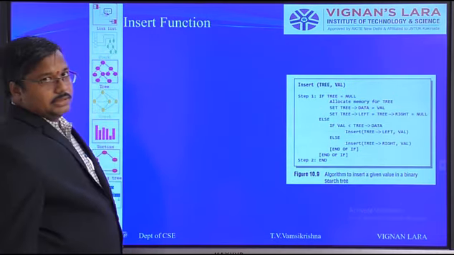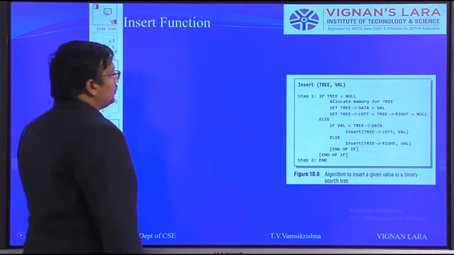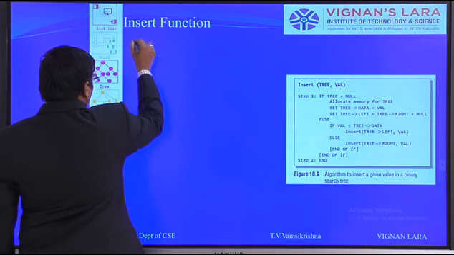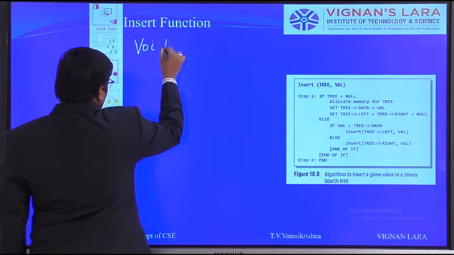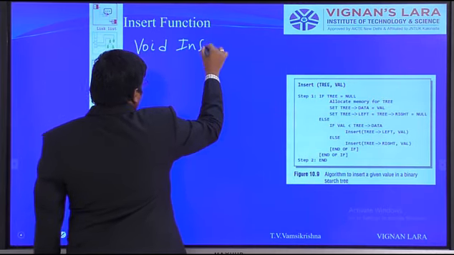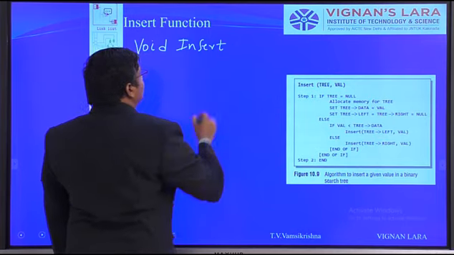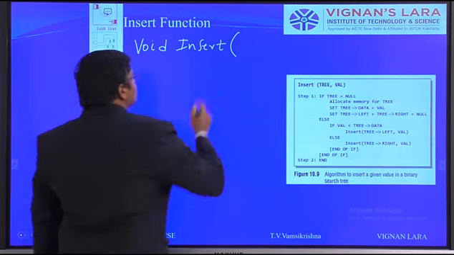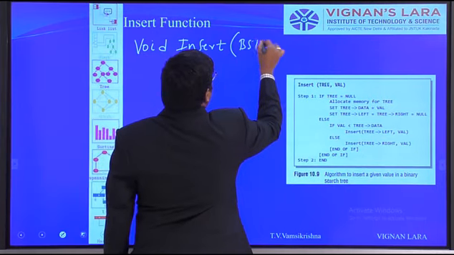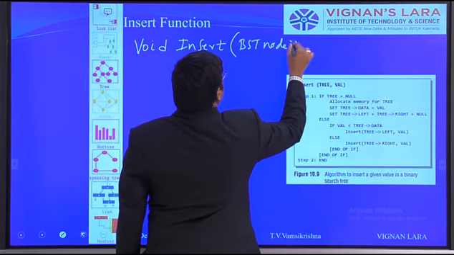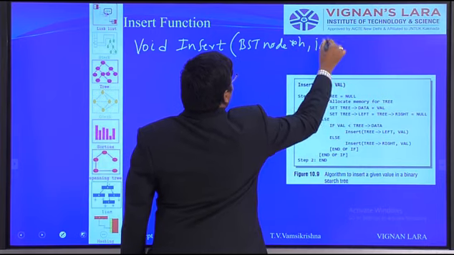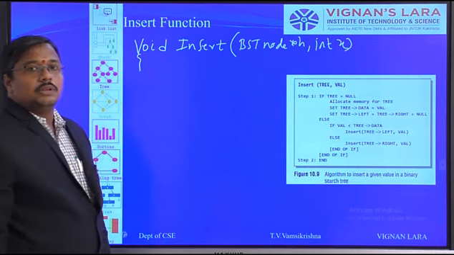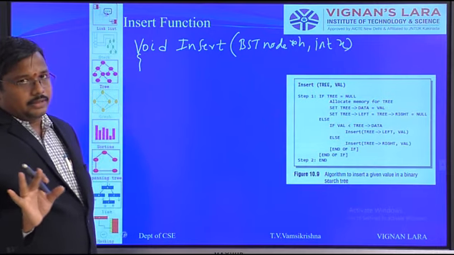So for the next case, insertion, we are doing the same thing. Void insert, where we pass BST node star H, comma the element currently being inserted.